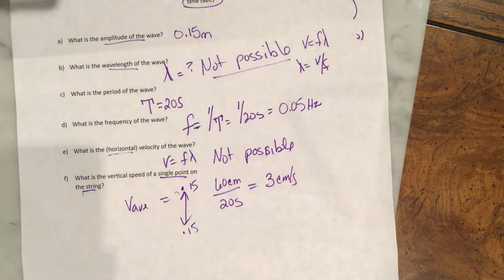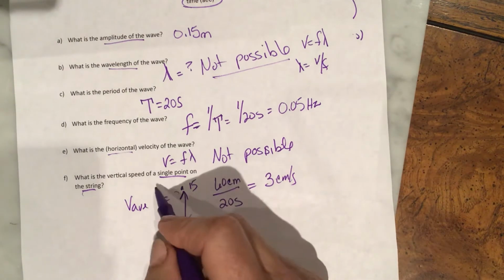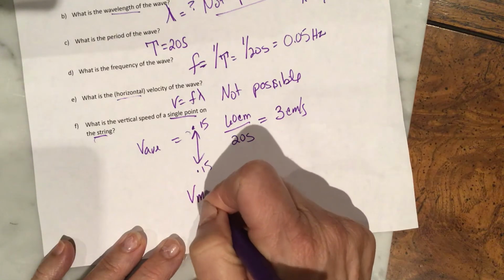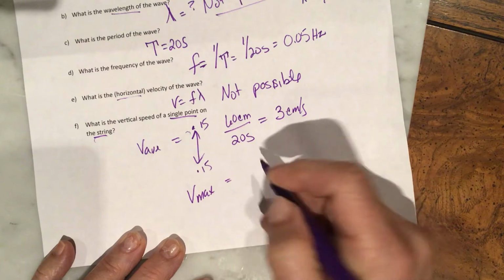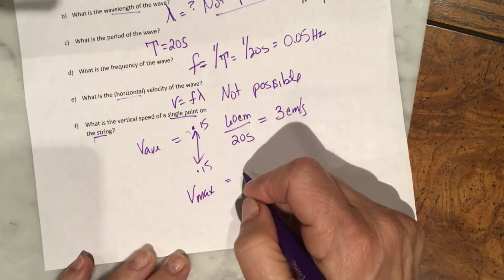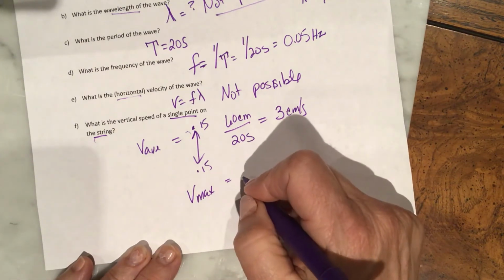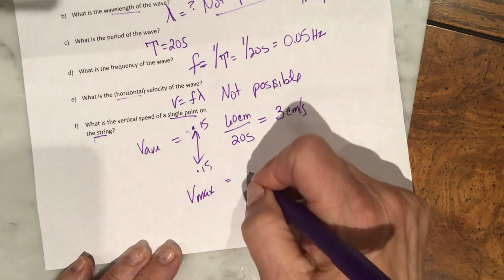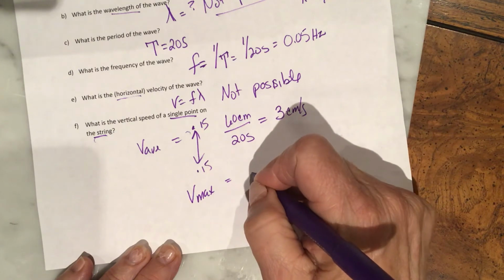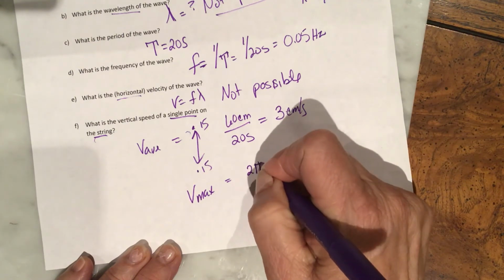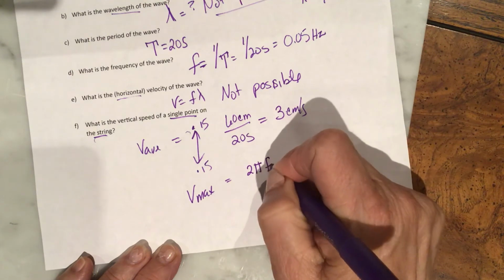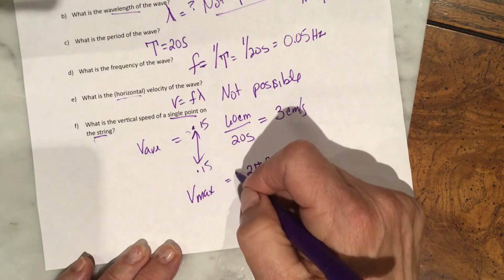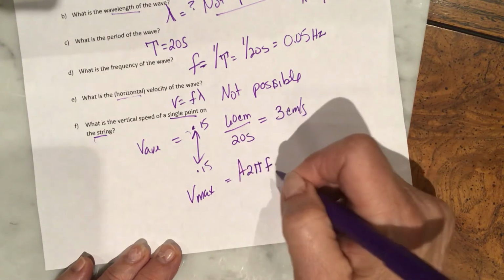But imagine that we'd like to know the velocity at a particular point. Well, then we'd have to use our Vmax formula, and this comes from rearranging the simple harmonic equations. The equation is equal to 2 times pi times the frequency times the amplitude of the wave.